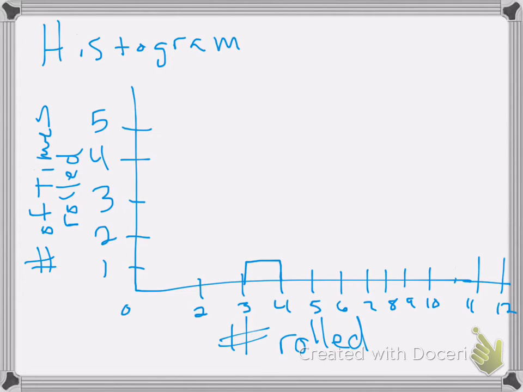Okay. 5, I rolled 3 5s, so I'm going to put 3 there. 6, I rolled 1 6. 7, I rolled 2 7s. 8s, I rolled 1. 9s, I rolled 1. 10s, I rolled 1. I did not roll any 11s or 12s. So there's my histogram. Okay? And that's it. That's what you need to do today.